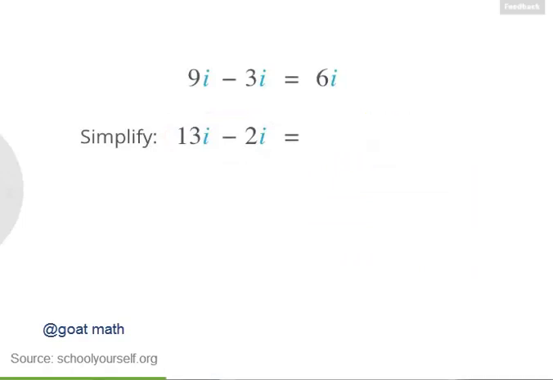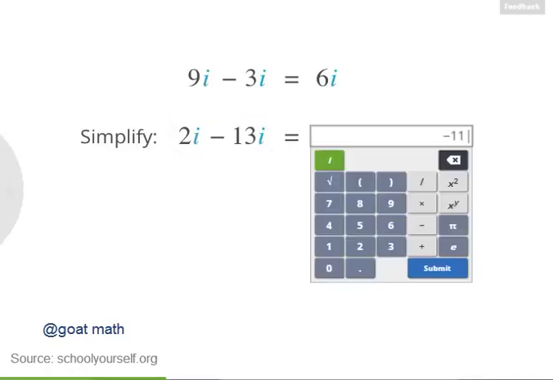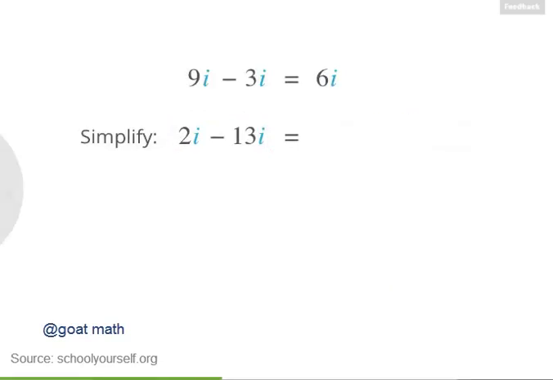Right, so 13i minus 2i is 11i. Now, what if we were to switch the order here? What's 2i minus 13i? Excellent, so 2i minus 13i is negative 11i. So yeah, imaginary numbers can have negative coefficients like this.